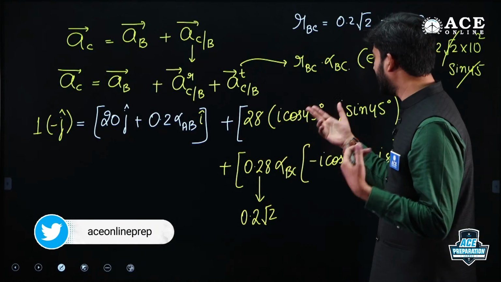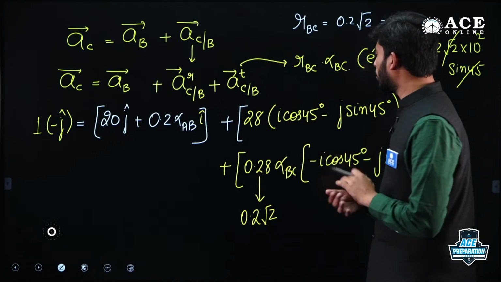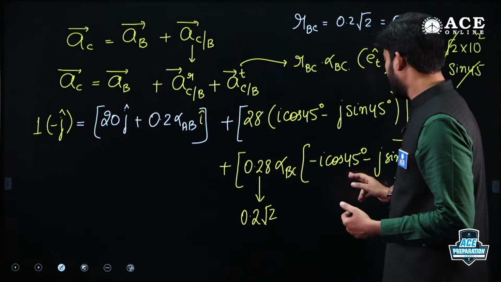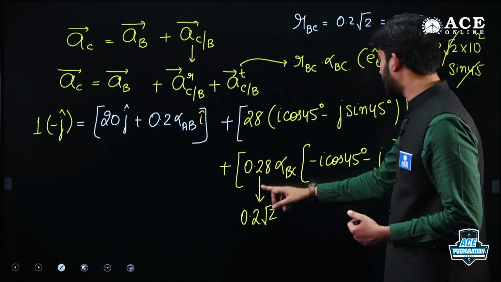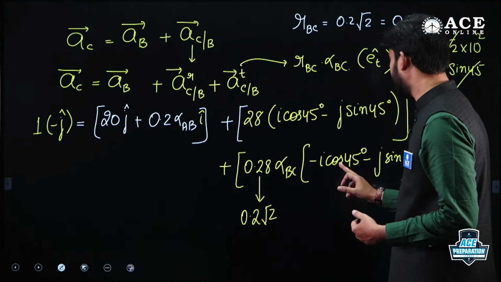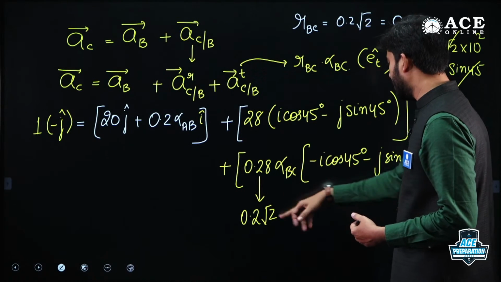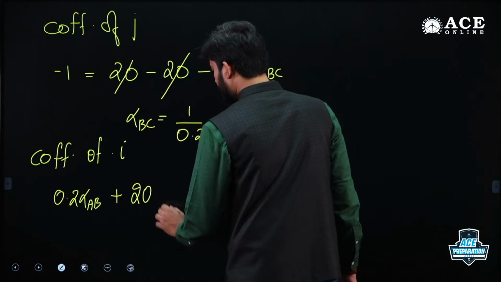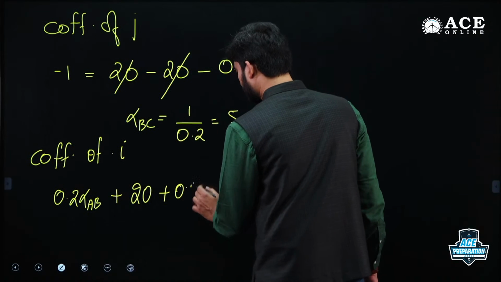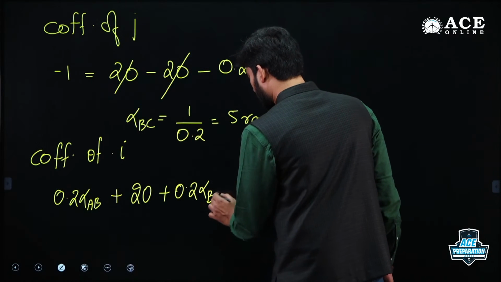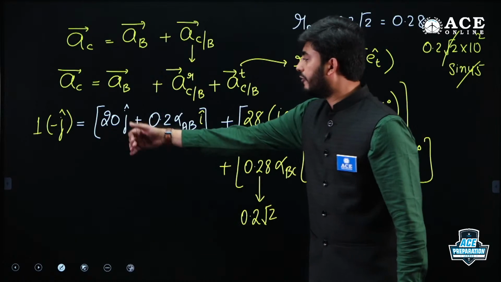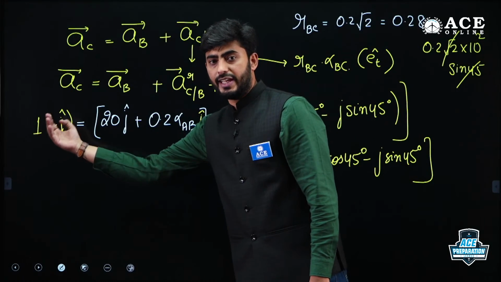When you multiply with cos 45, root 2 and root 2 will be cancelled. I am hurrying up that calculation. Next is 0.2 into root 2 into cos 45, which means it will be 0.2 alpha_BC. That is equal to 0, guys, because there is no i coefficient present on the left hand side.